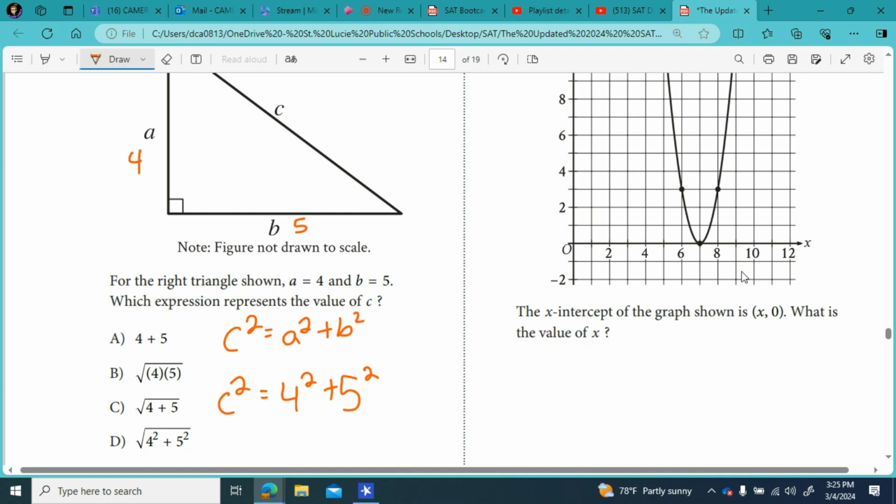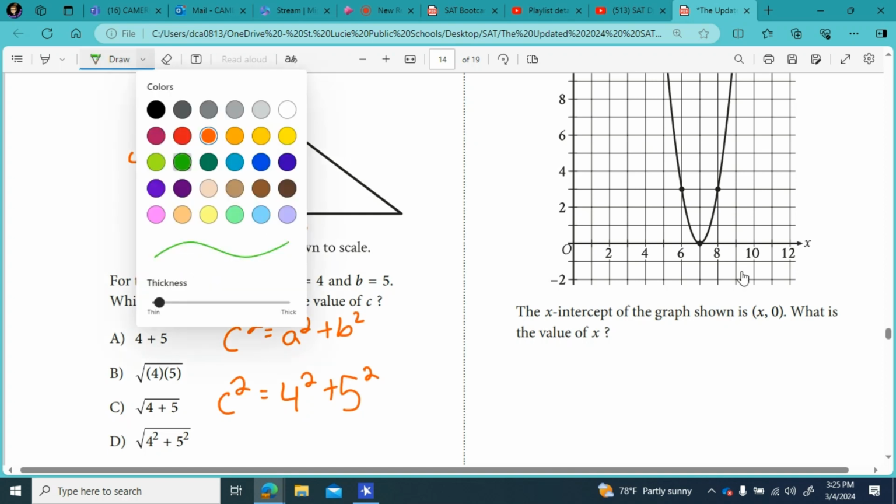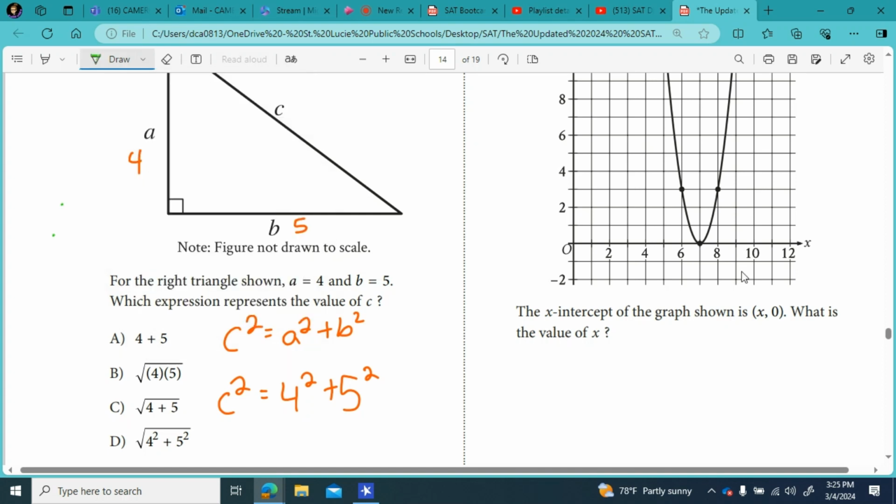We want to solve for C. C is squared. What is the opposite of something squared? And you would take the square root. And then your square root and your square cancel each other out. So C equals the square root of 4 squared plus 5 squared. And you don't have to put anything on the calculator.